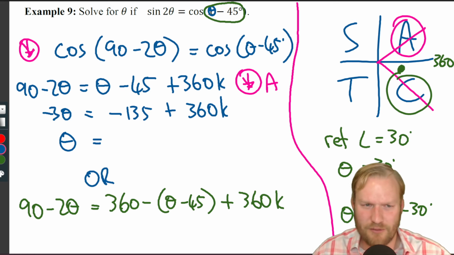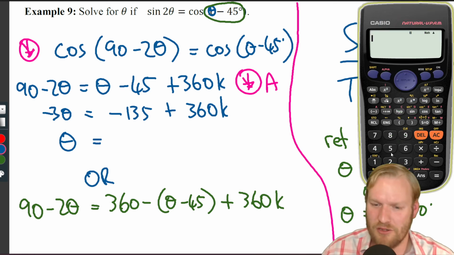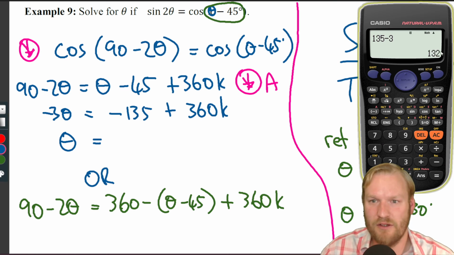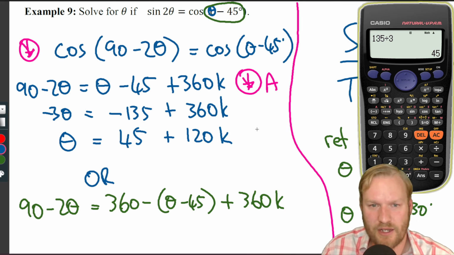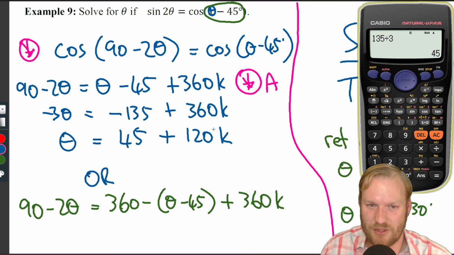Let's just check: 135 divided by 3 gives us 45, and 360k divided by 3 would be 120k. Now remember that k is an integer, so that's why I haven't written this as minus, because k can be positive or negative. It just looks a little neater to go plus 120k. So there's our one solution.